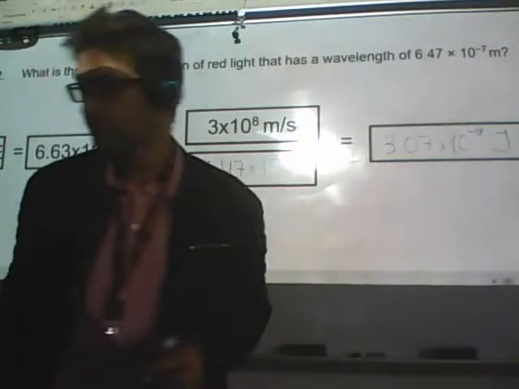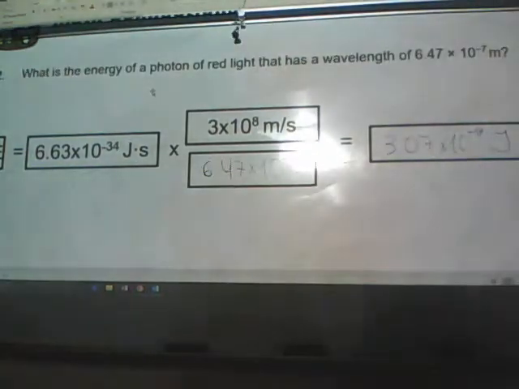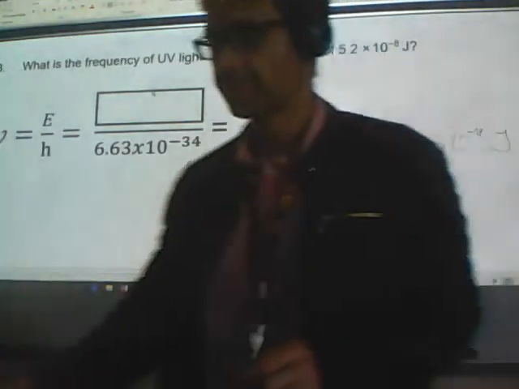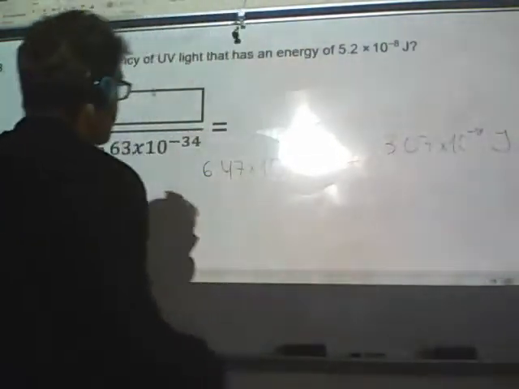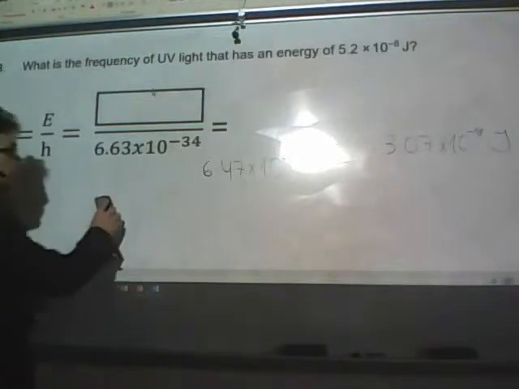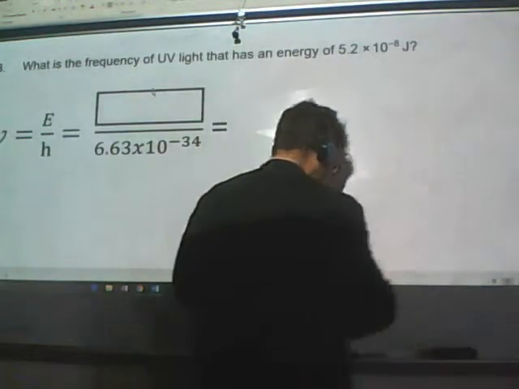Go on, next one. What is the frequency of ultraviolet light that has an energy of 5.2 by 10 to the power of minus 8 joules?